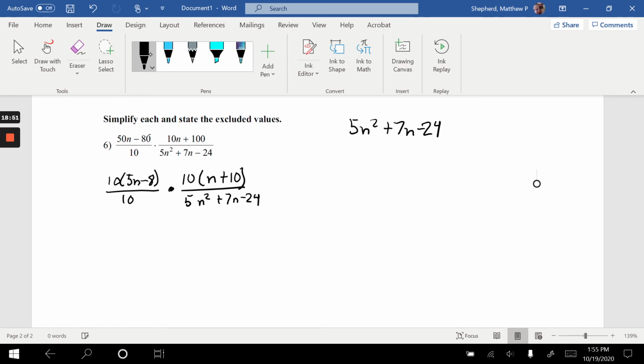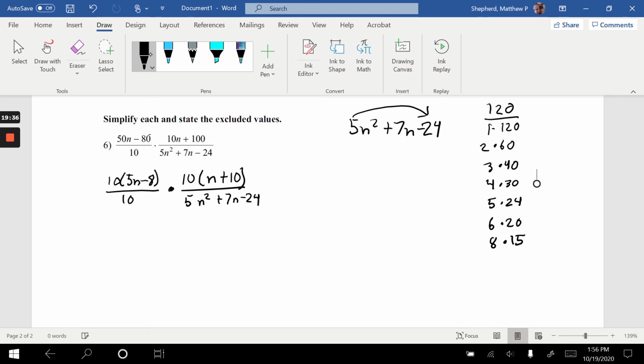We've got this leading coefficient of 5, so let's multiply 5 times the 24 to get 120. And now we want to list the factors of 120 and find which ones will help us get a 7. So 1 times 120, 2 times 60, 3 times 40, 4 times 30, 5 times 24, 6 times 20, and 8 times 15.